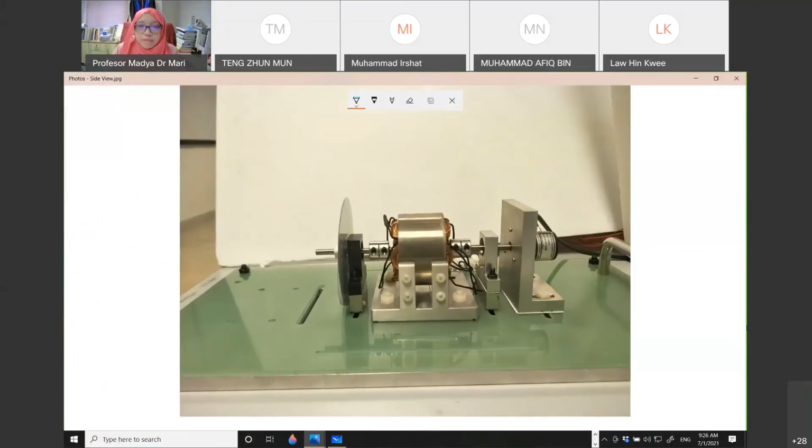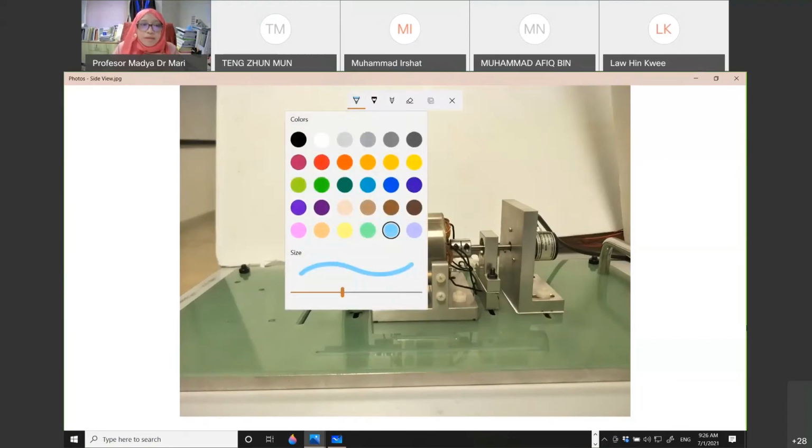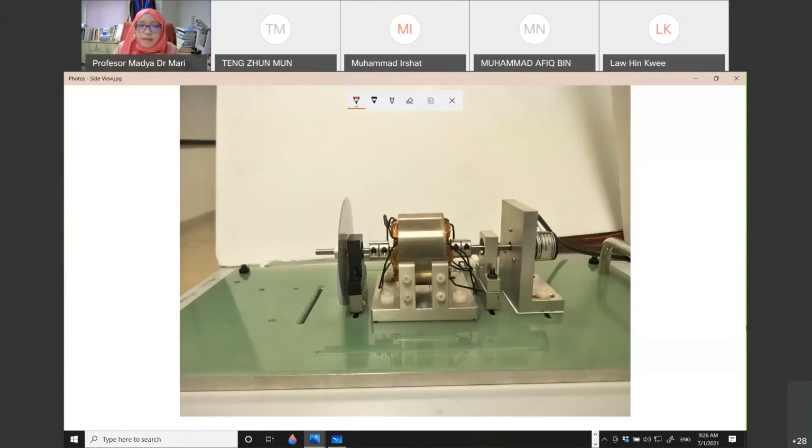If you see this example, this is one example of an electromagnetic actuator that was designed in our research lab, a student design. This is the actuator. We have a coil inside there, and the rotor is connected to a shaft. This one is the shaft.